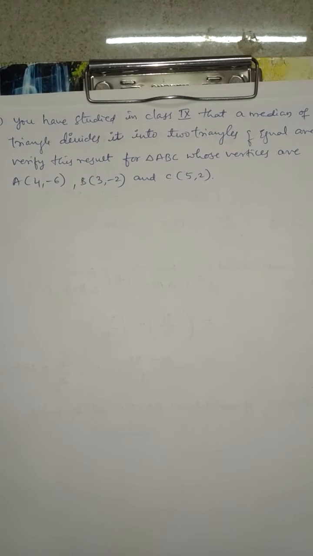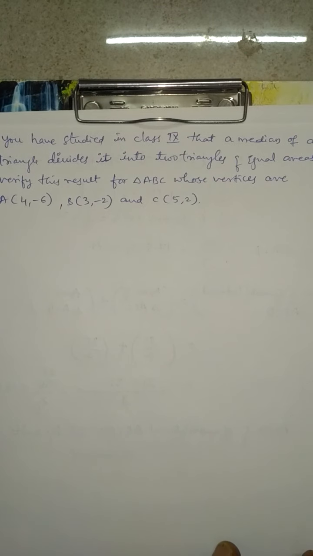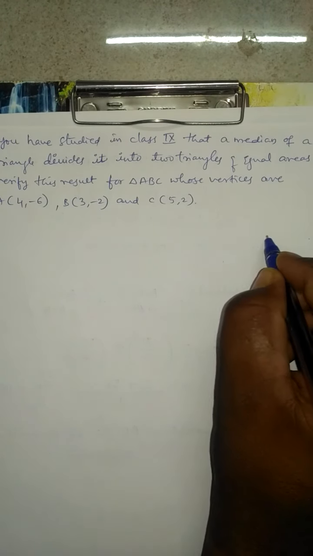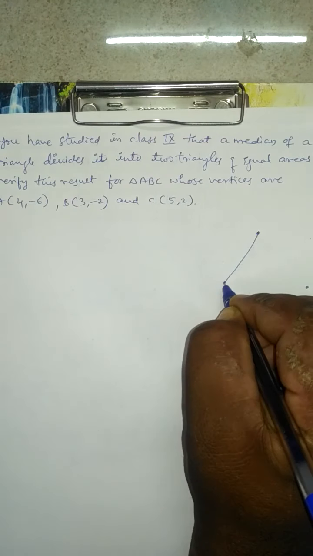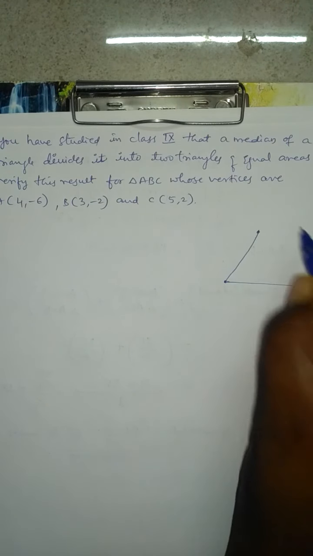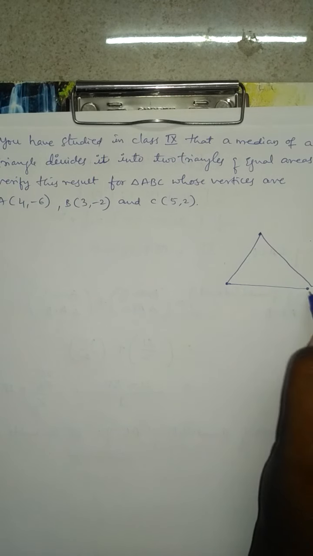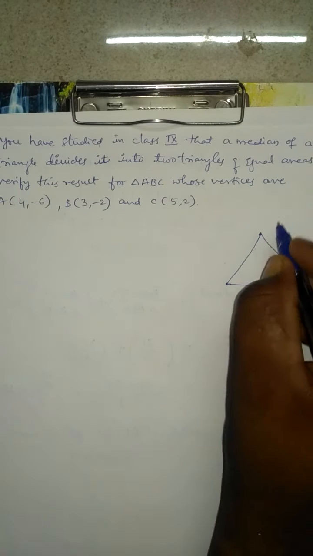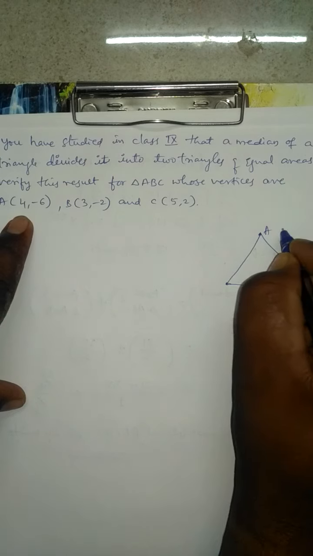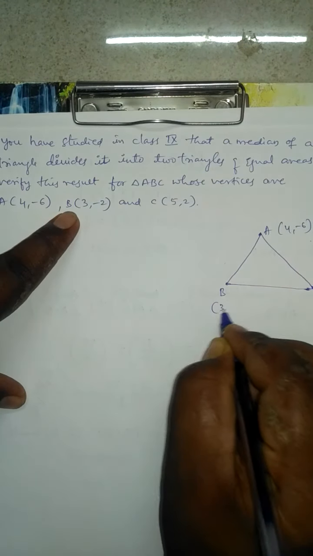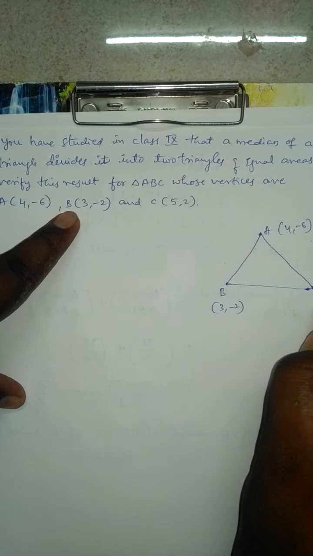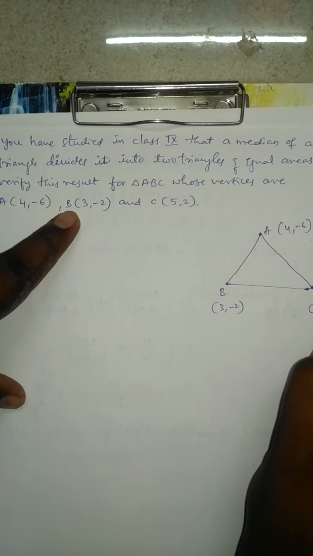First you have to take A, B, C. So if you join, then it will become triangle ABC. Right? So this is A. What are the coordinates of A? 4, minus 6. Here this is B. This is 3, minus 2. And this is a coordinate C, that is 5, 2.